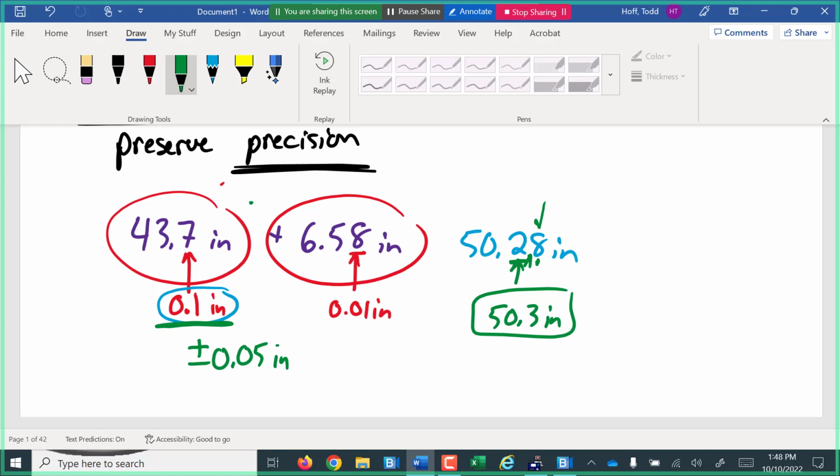What we rounded off here was less than that error. So we had to trim this back to the nearest tenth of an inch because some of our inputs only have that error of plus or minus 0.05. So we have to round our answer so that it also has an error of plus or minus 0.05. We're accurately reporting what the possible error of our measurement is.